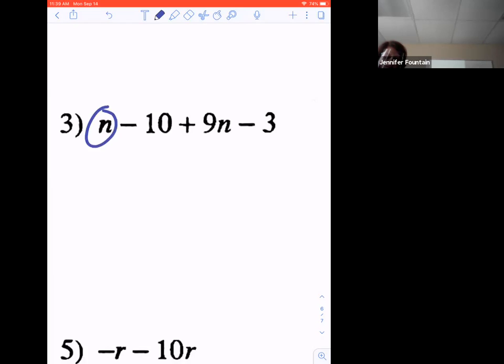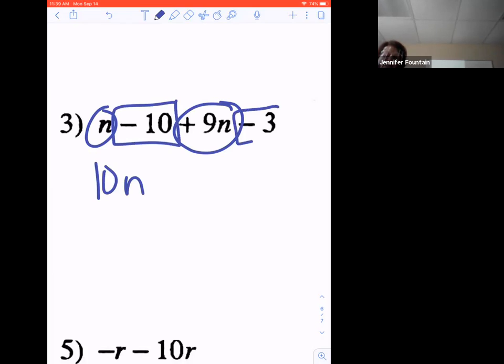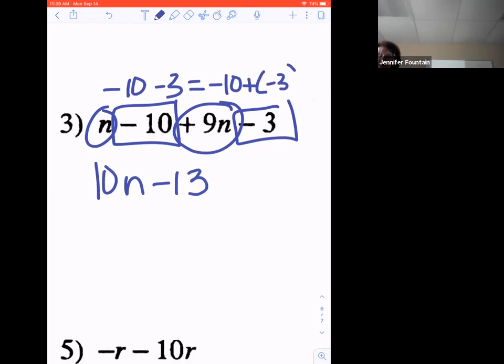What is n plus 9n? 10n. What is negative 10 minus 3? Negative 13. Good. Negative 10 minus 3 is the same as negative 10 plus a negative 3. If you need to change it to adding the opposite, go ahead and do that so you don't make that mistake.